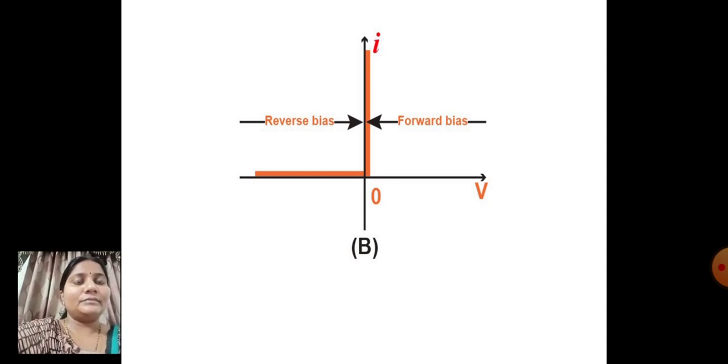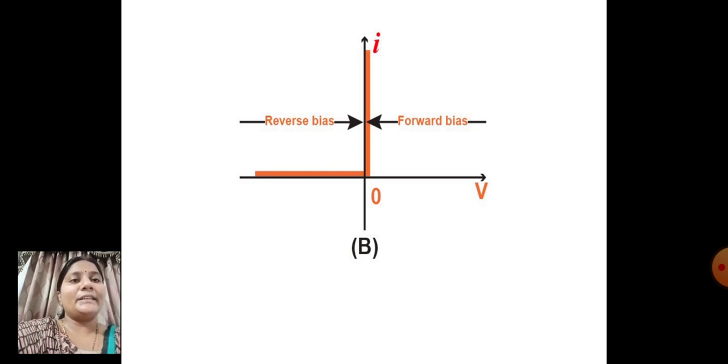In the practical diode, when the diode is connected in the forward bias, the diode current conducts at 0.7 or 0.3 volts. In this ideal diode, the current conducts initially at 0 volts, but this is only the ideal value. In practical situations, due to temperature or other practical reasons, no single diode conducts at 0 volts.